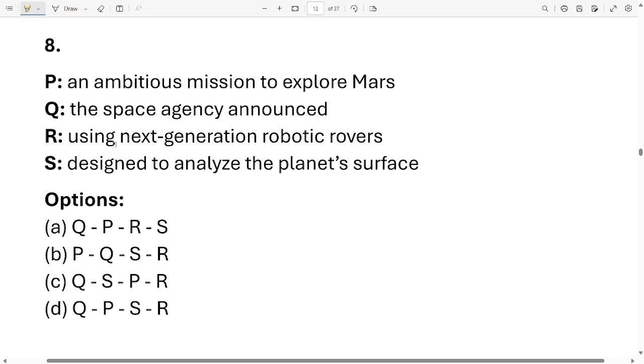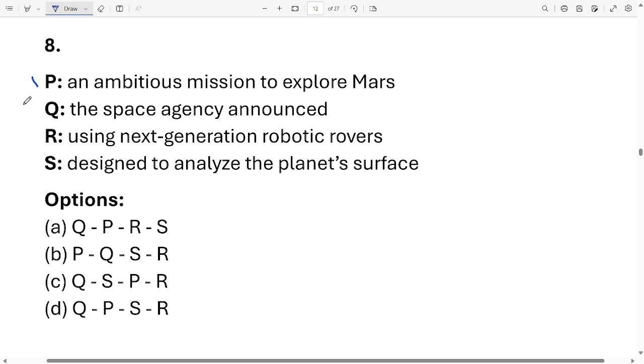Now rearrange these sentences in a sequence. Okay, it is first an ambitious mission to explore Mars.